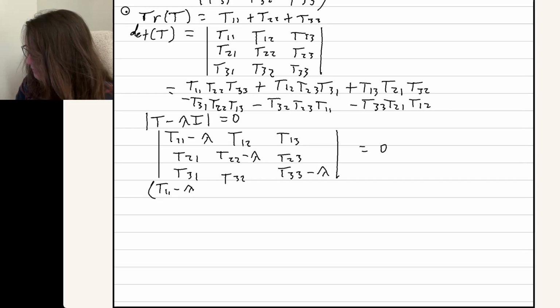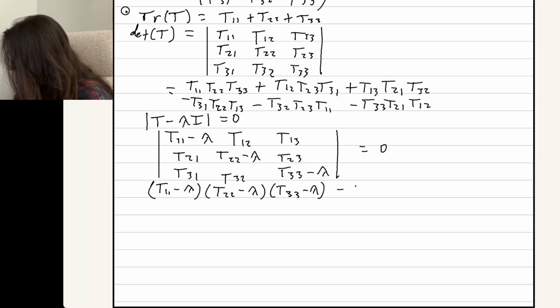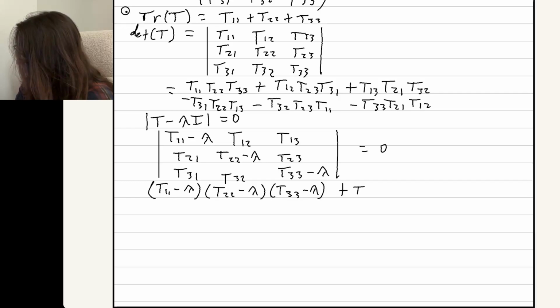So it's T11 minus lambda times T22 minus lambda times T33 minus lambda, plus the other positive terms, T12 T23 T31 plus T13 T21 T32.